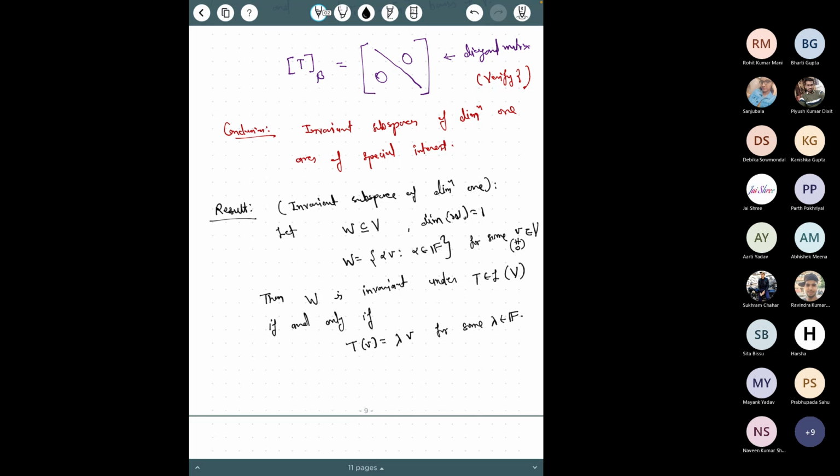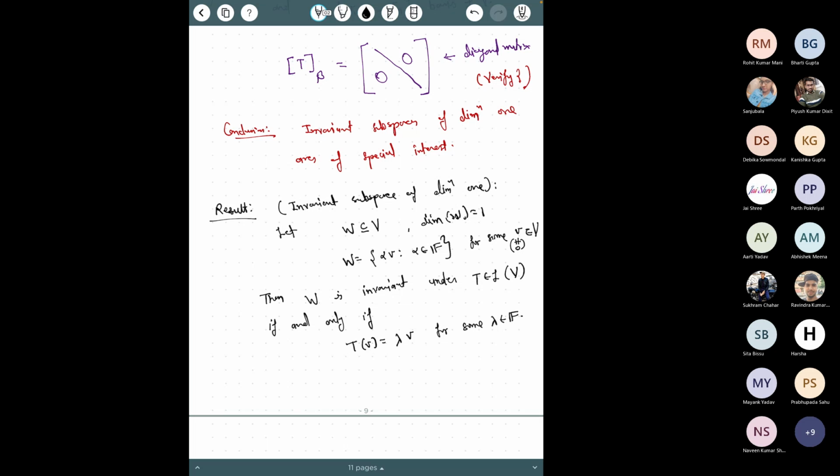So what this result says is that if W is a one-dimensional subspace of this form, then you can fix a T and ask whether W is invariant or not.